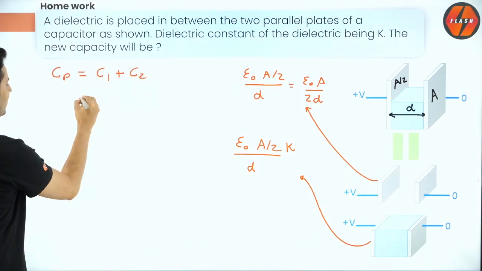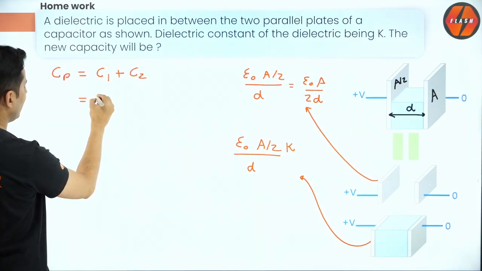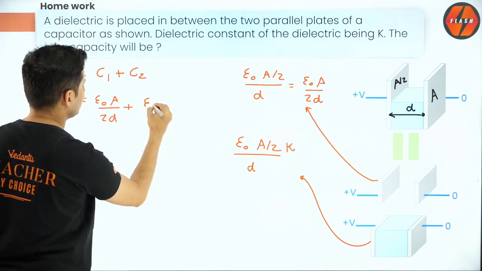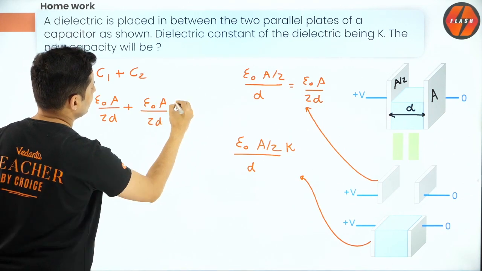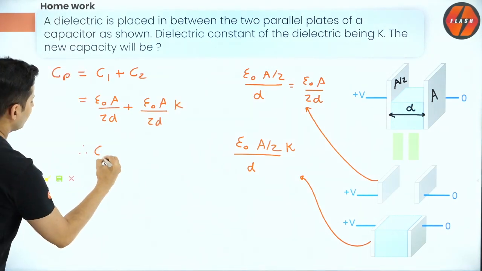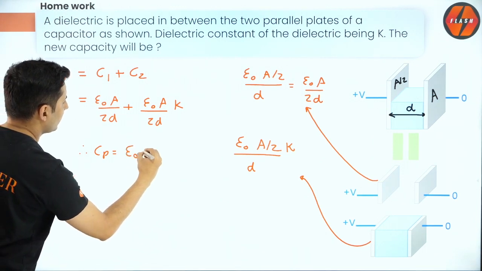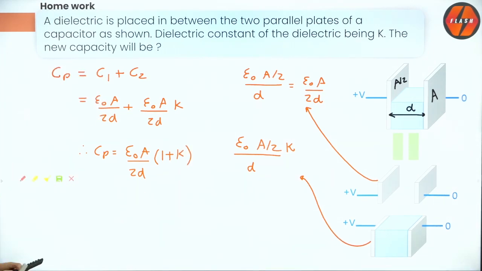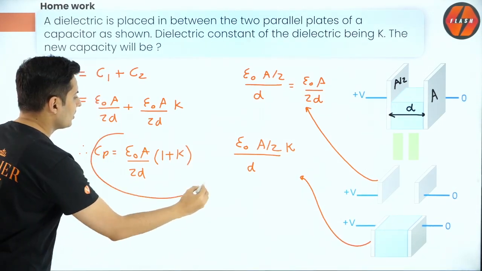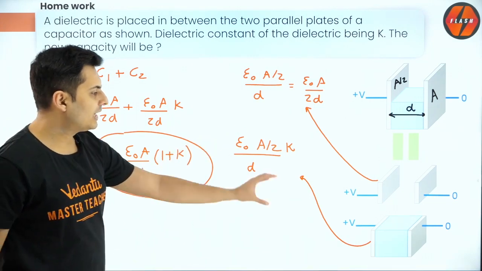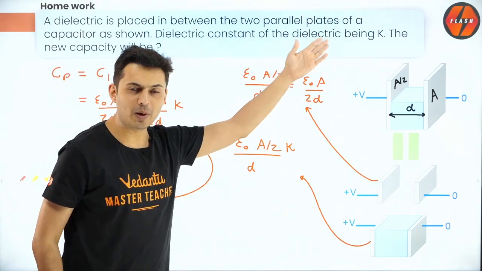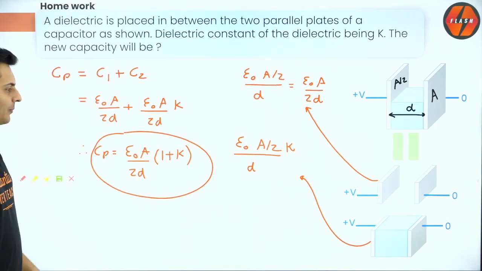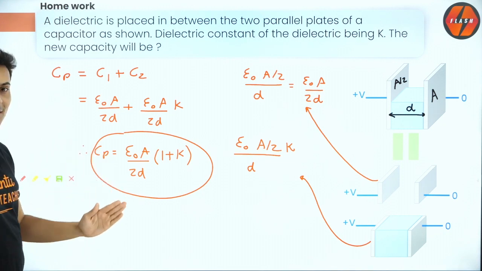So C1 plus C2, that means C1 is epsilon naught A by 2D, and C2 is nothing but epsilon naught A by 2D, but this time it is K. So therefore that equivalent capacitance will be epsilon naught A by 2D into 1 plus K. So that's a small change in the formula, but this is how the procedure is. If you have multiple slabs in parallel, now you know what to do and how to solve the problem. Very, very interesting problem. Alright, I hope you have understood this, guys.